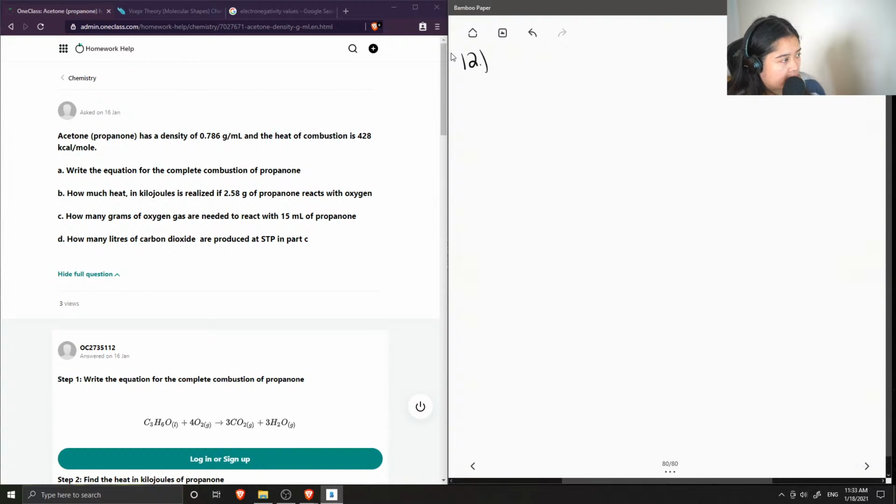Part A is to write the equation for the complete combustion of propanone. B, how much heat in kilojoules is released if 2.58 grams of propanone reacts with oxygen. C, how many grams of oxygen gas are needed to react with 15 milliliters of propanone. And D, how many liters of carbon dioxide are produced at standard temperature and pressure in part C.